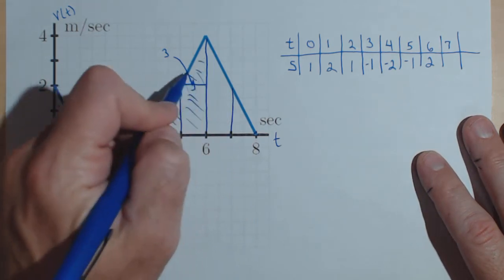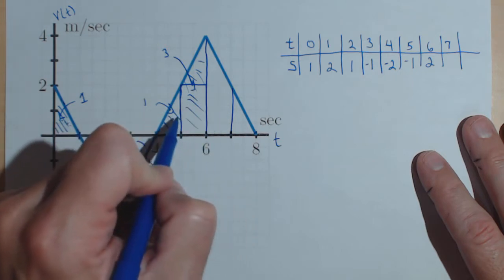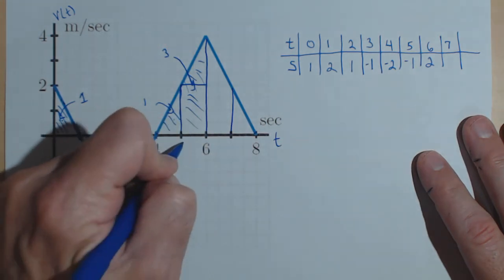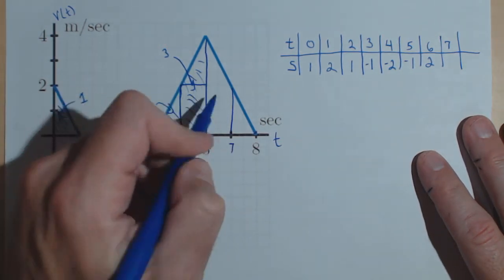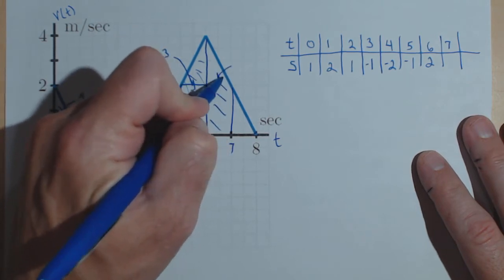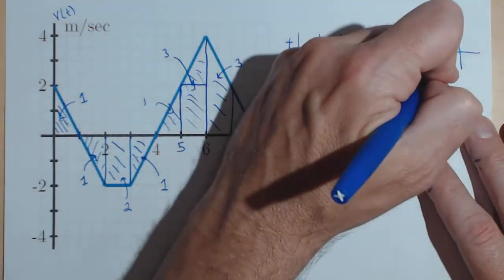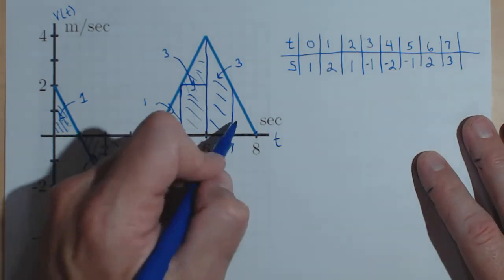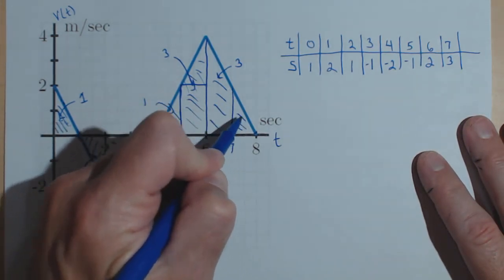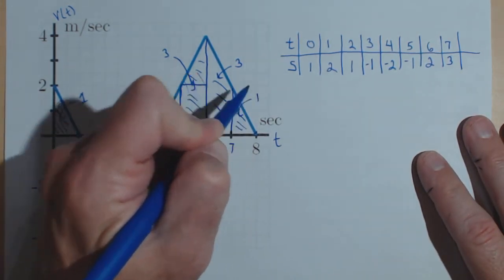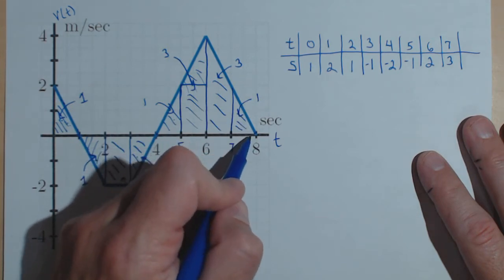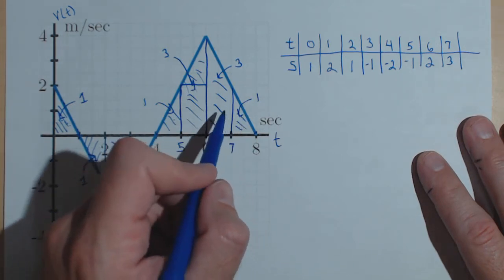Here we can see we're going to get a triangle of the same area as what we just saw between 5 and 6. We can fill in these numbers. So again, this is going to be another 3 meters this person is moving forward. Finally, we've got one more triangle that has an area of 1, so he moves 1 meter. Again, it's above the x-axis, so he's going 1 more meter forward.